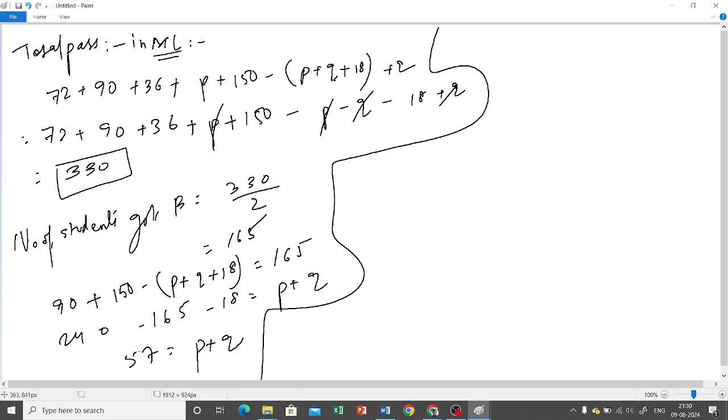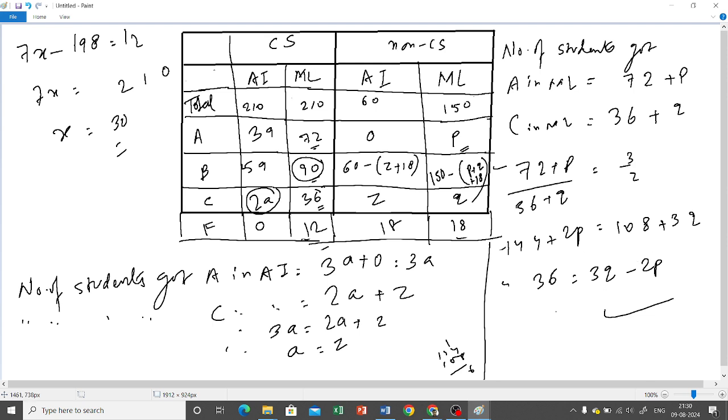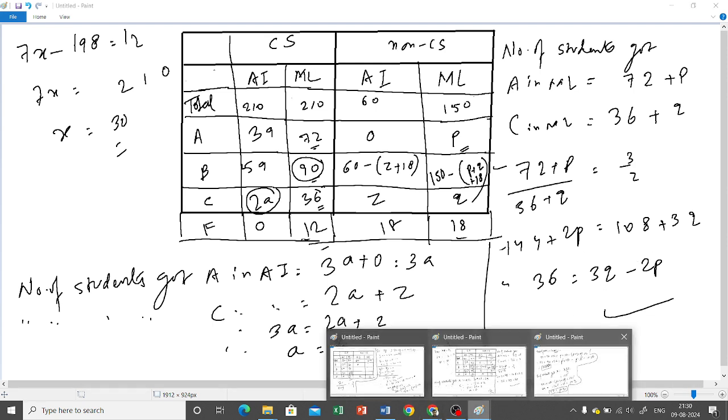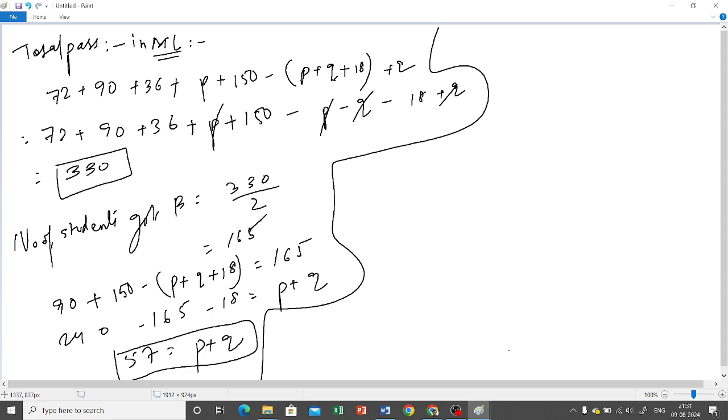This is another equation I'm getting. Now I have an equation over here, but I can still use that 50% for AI, because I've used this one for ML.